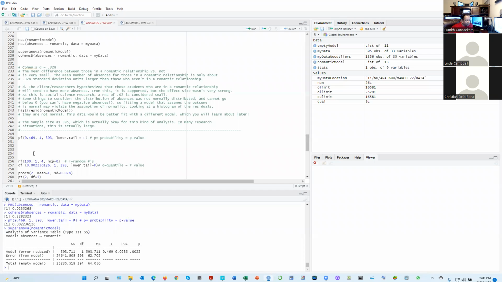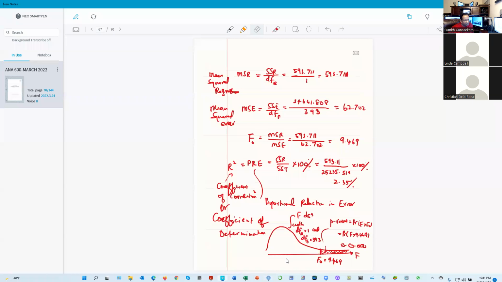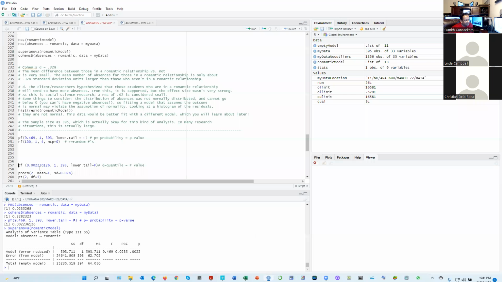And if you need some random numbers, you can do that too. If you want to extract 100 numbers from this distribution, like a simulation, you can use this one. It's called the random F, 100 numbers, with degrees of freedom.